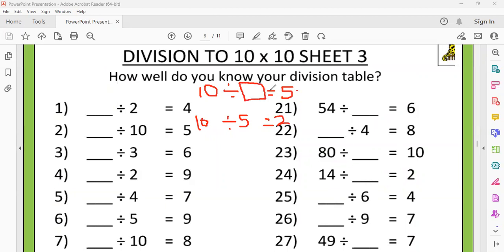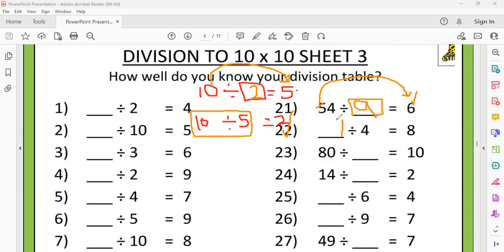I get 5. You are going to say 2, because you're going to take this 10 and divide by 5, and you're going to get 2 as the answer. Do you see that? So this proves that 54 divided by something equals 6. That something must be 54 divided by 6, and that is 9. Got it?